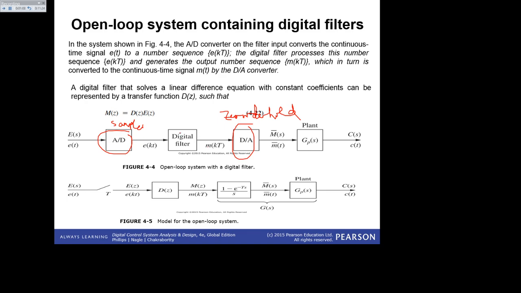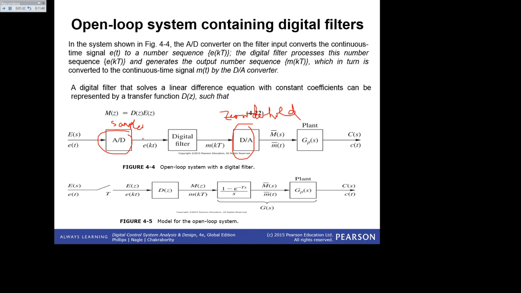So this is actually performing the function of a controller. It will change some parameters of the signal, it can amplify some parameters of this sequence, and the output is in discrete form. Then if you want to convert it to continuous form, you have to use the digital to analog converter so that you pass it to a plant. That's exactly what you have here.